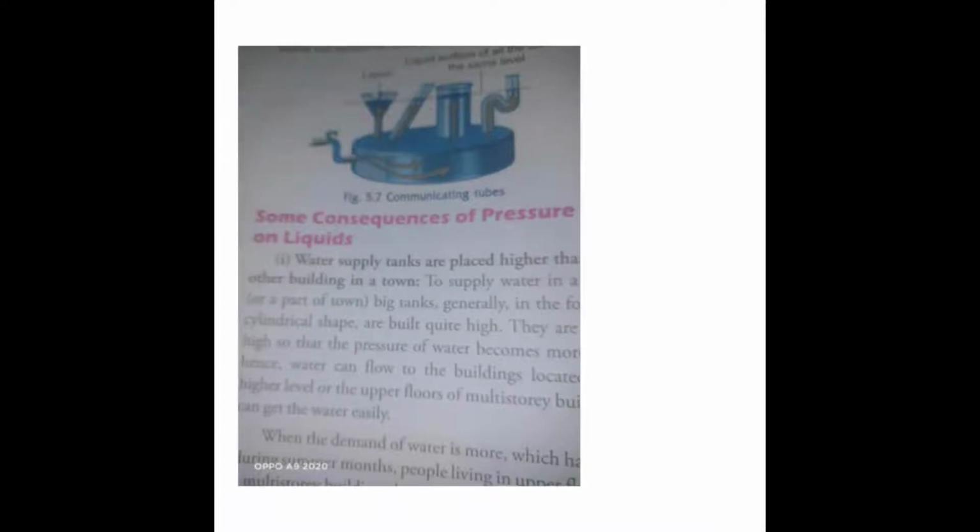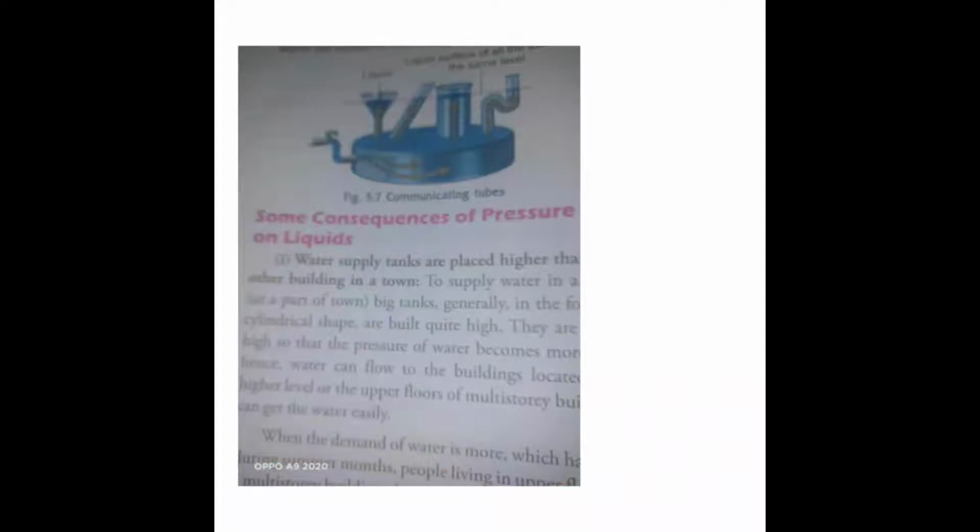And what are the consequences of liquid pressure? Due to a few results of liquid pressure, we follow certain practices in our daily life. Like in our home, we always keep the tank on our terrace or at a certain height, because the water which comes out from the tank will come with high pressure. But if we place the tank on the ground surface, then the liquid pressure will be less.